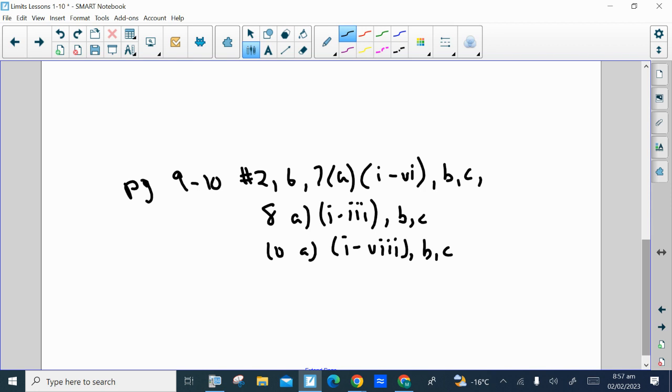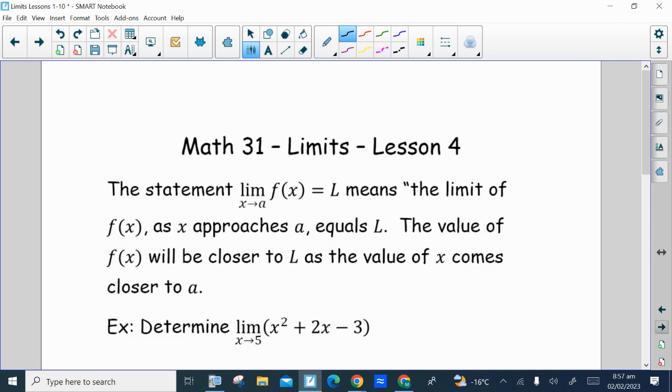I will post the solutions to Google Classroom so you can check your work. And then tomorrow we'll actually start looking at evaluating these limits. So what we just did today is another example of a limit. We're finding what value the slopes of the secant lines are approaching to guess what the slope of the tangent line is.